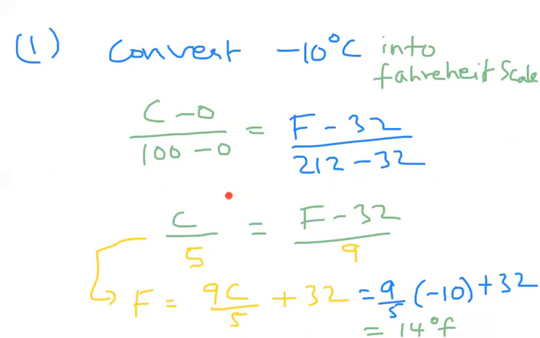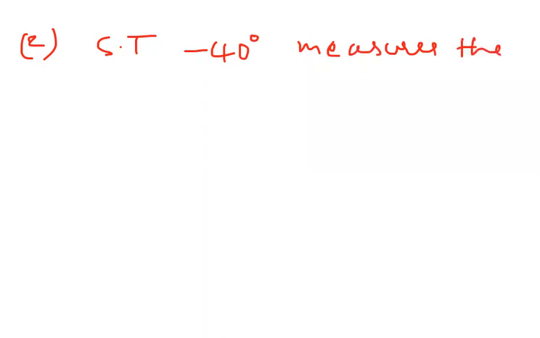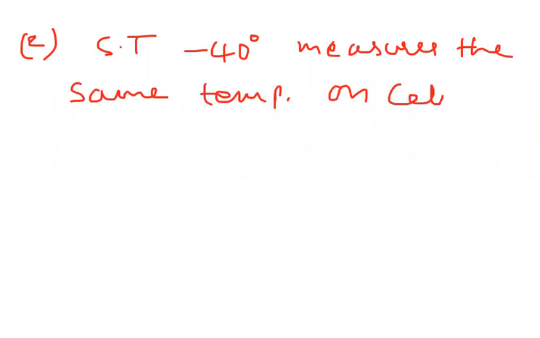Now, small question they are asking like that. Some small example problem: at what temperature do the Celsius and Fahrenheit scales show that minus 40 degree measures the same temperature, they are asking.